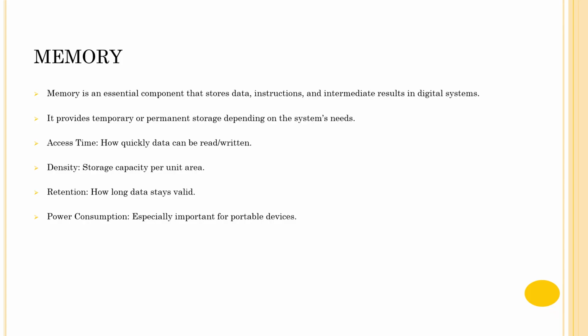Let's divide memory into two broad categories, volatile and non-volatile memory. First one is volatile memory. This is the kind of memory that forgets everything when the power goes off. It's used for temporary storage while the system is running, like your short term memory. Examples are RAM.